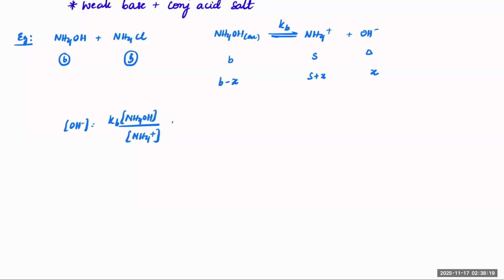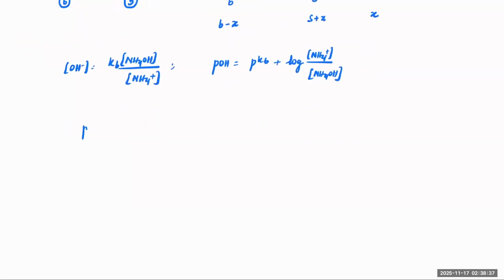Now if I take log on both sides, you'll get this formula. pOH is equal to pKb plus log of salt concentration, which is NH4 plus concentration, divided by NH4OH concentration, which is base concentration. So this is another formula for Henderson's equation, which is log of salt by base concentration.